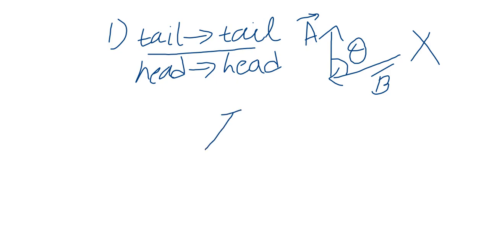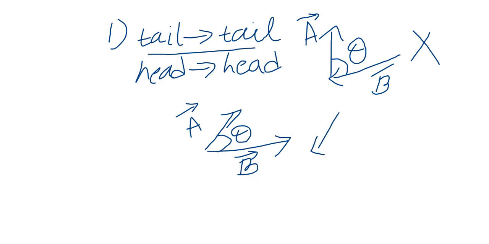If the two vectors are like this, this is the only correct order for measuring the angle. A bar, B bar. The condition is tail to tail of the vectors coincide or head to head of the vectors coincide. Then only we can measure the angle between the vectors.